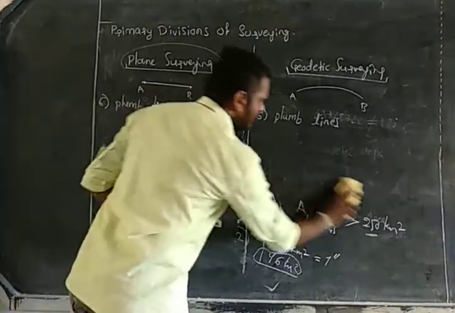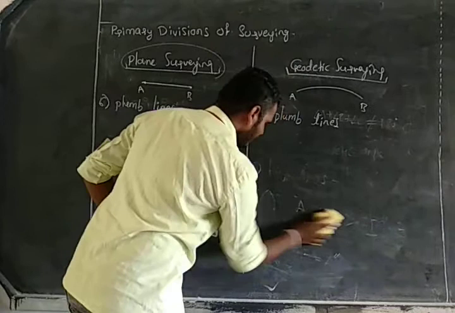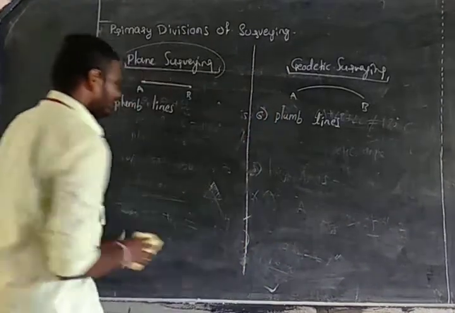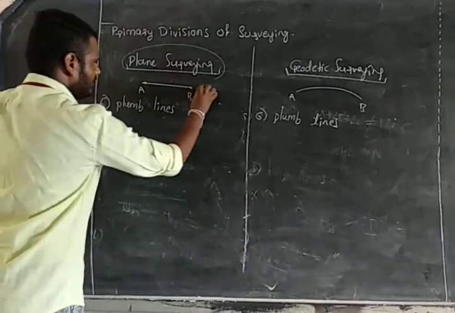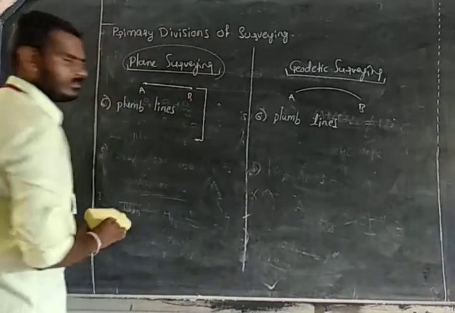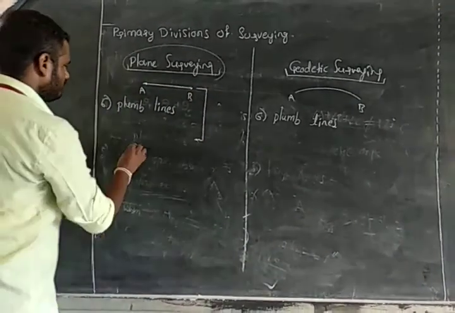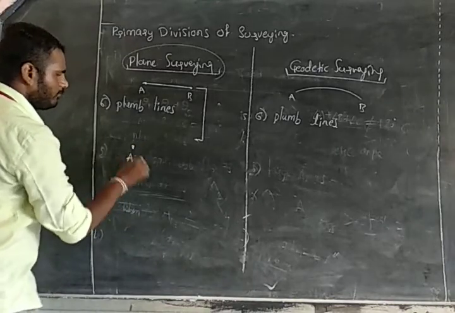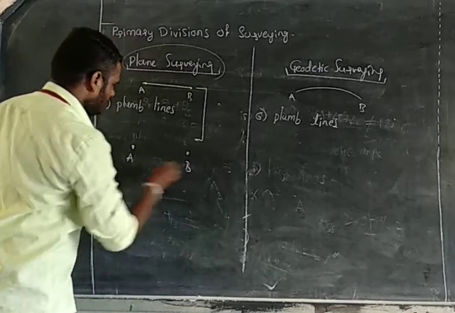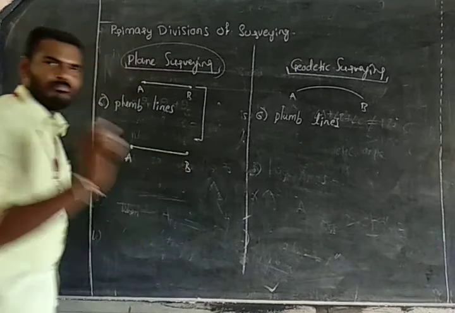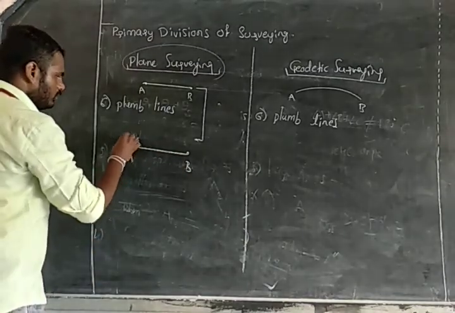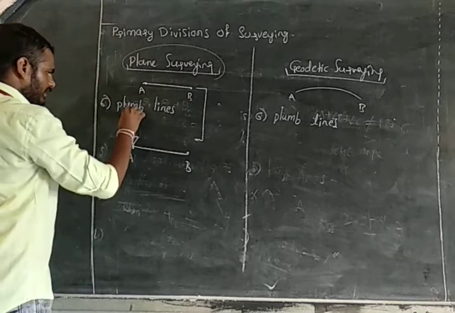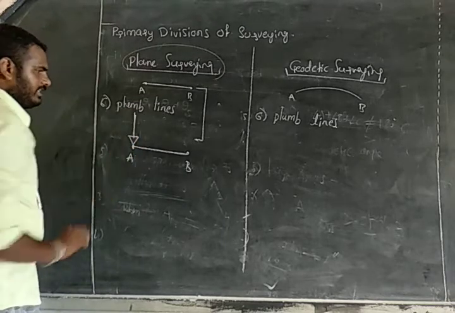So plumb line is very important. See, I am taking 2 points, A and B, in this figure. Generally masons use a plumb, which is in the shape of a triangle, to measure or to see the exact verticality.